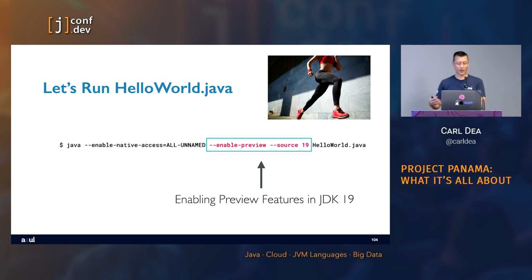Like if it's source code, like HelloWorld.java, you just run it. It's kind of like compiling it, so you have to specify --source 19 if you're wanting to run source code. But if it's compiled, like HelloWorld.class, you don't need that --source 19. You're just enabling preview, and you're just running a class file.